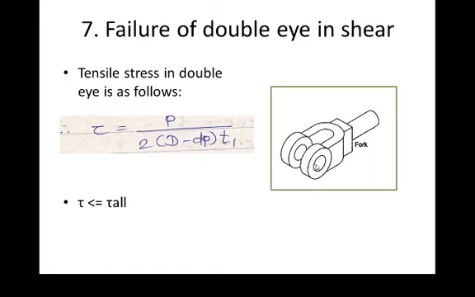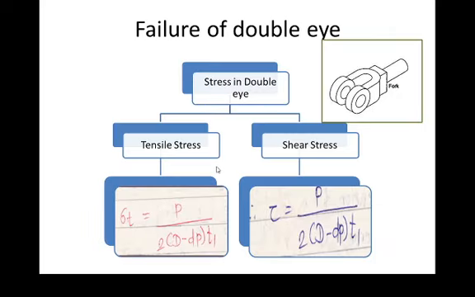Double shear means multiplied by 2, and two forces are available, so it is again multiplied by 2. After simplification you get the total formula: tau is equal to P divided by 2 into (D minus dp) into T1. This is the induced stress in the component. This should be less than or equal to tau allowable, that is equal to 0.577 of SYT by Fs.